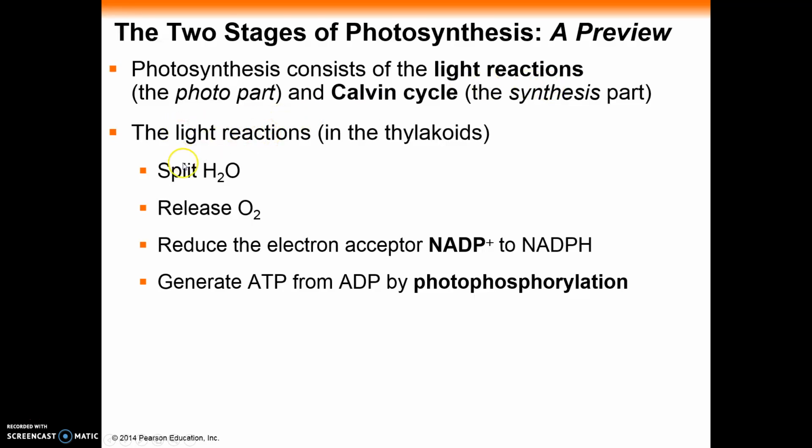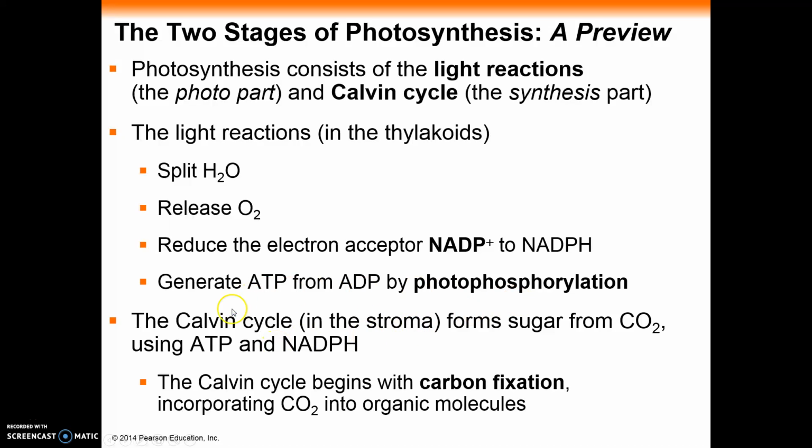So light reactions split water, release oxygen, generate NADPH, so it reduces NADP+ to NADPH, and it also generates ATP through photophosphorylation, okay, which is very similar to the electron transport chain method. It is an electron transport chain method.